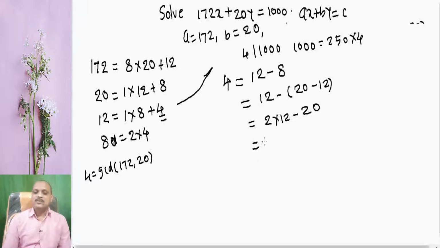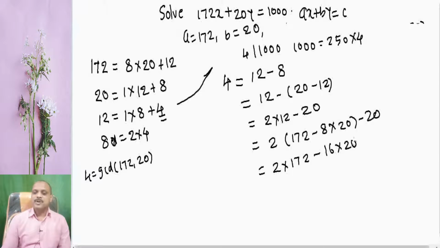What is 12? 12 is 172 minus 8 into 20, so 4 equal to 2 into 172 minus 16 into 20 minus 20, equal to 2 into 172 plus minus 17 into 20, right? So this is our 4.